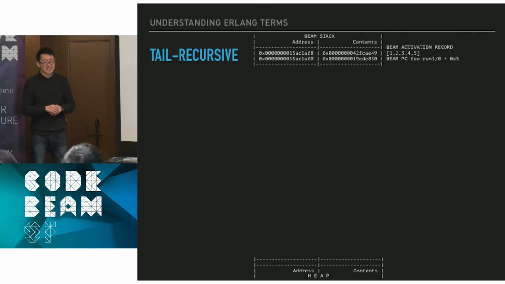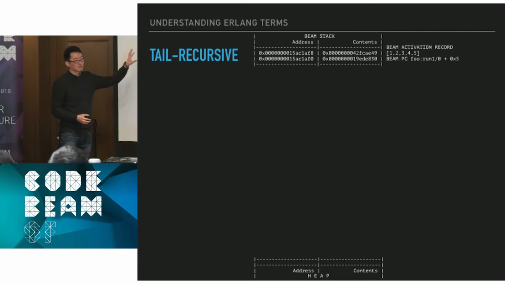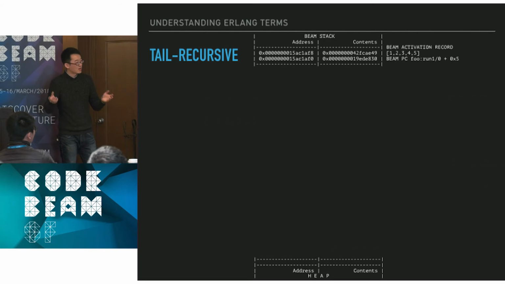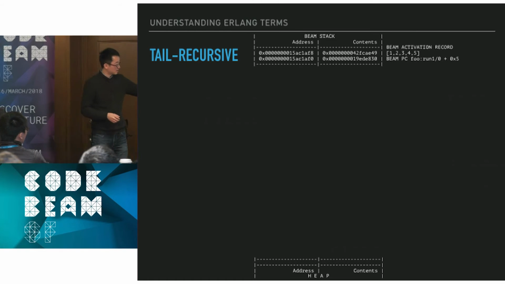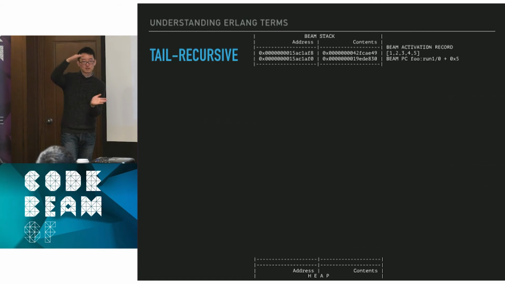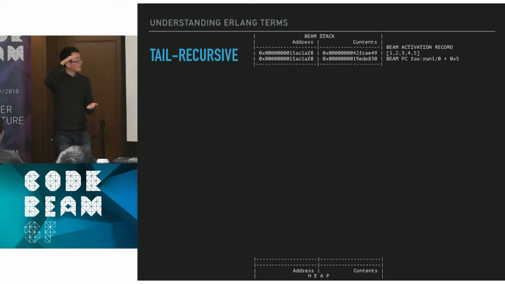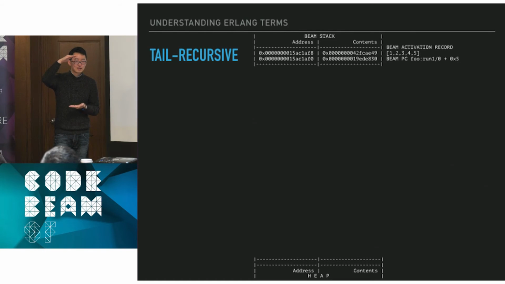A process consists of a stack and a heap, registers, and mailboxes. The heap and stack are the same piece of memory. If you put something on the stack, it will grow, and if you put something in the heap, it will grow like this. And then when you run stuff, it will just do like this.